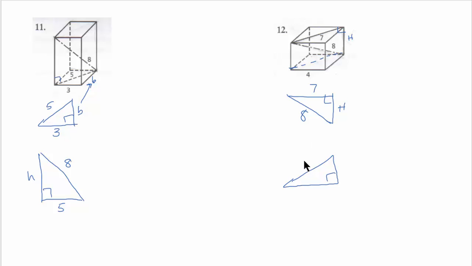That diagonal is the hypotenuse right here. And we know right here is 4. That's the bottom of that right triangle. And so we can find the width right there. Okay, so using the Pythagorean theorem twice, we can find the width and the height so that we can find the volume of the cube.